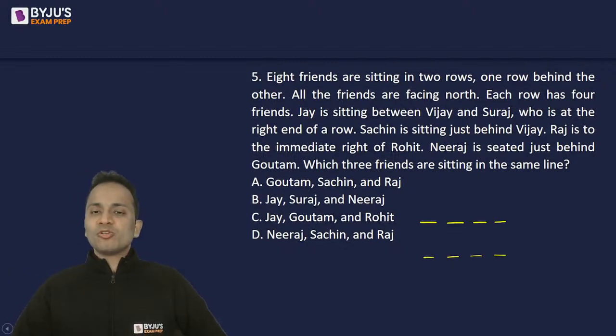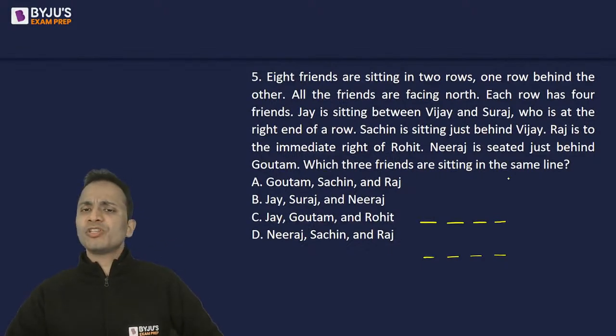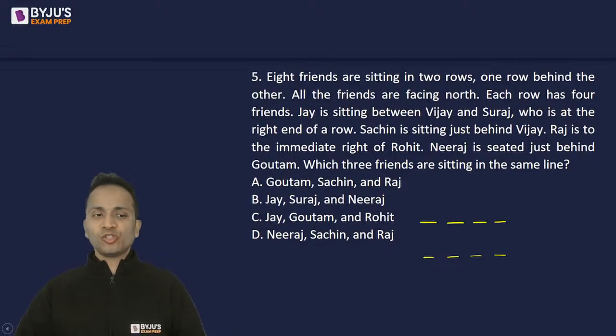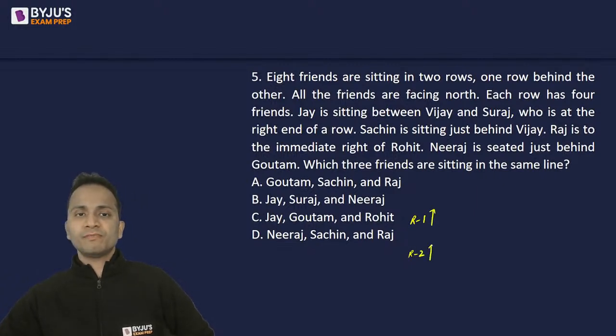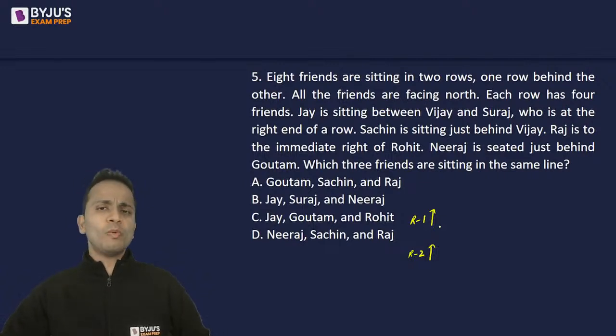Like I told you, you don't have to draw the entire arrangement, because they are just asking which three friends are sitting in the same line. So there is no need to draw things like this. I can say that this is row 1, this is row 2, and they are facing this direction. Row 1 is the front row, row 2 is the back row, right?